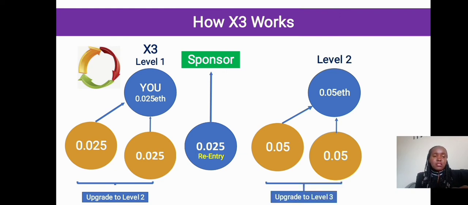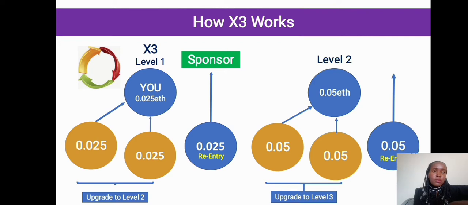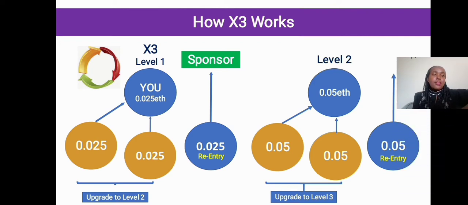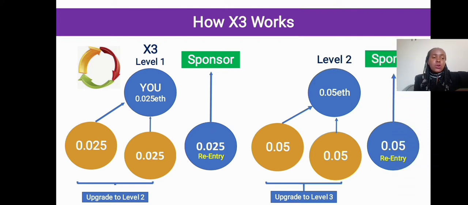This one is still expensive. The earnings are the same. In the second slot, when you make the first direct sale, you earn 100% of the investment. That is 0.05 Ethereum, 0.05, and the third one goes to your sponsor.